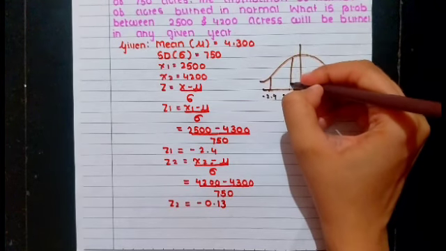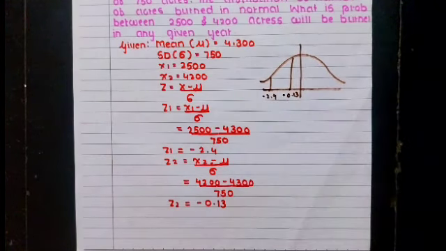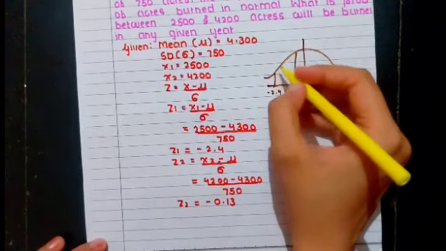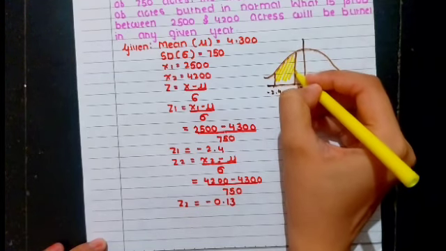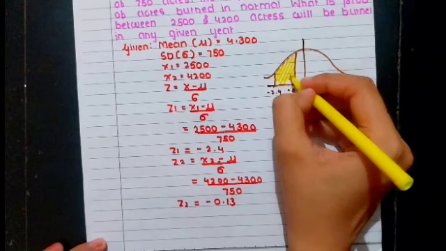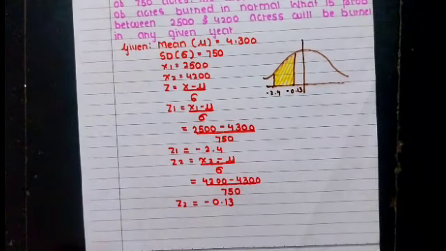The shaded region will be in between these. So now we have got our z values, and we have to use them for finding the normal distribution.